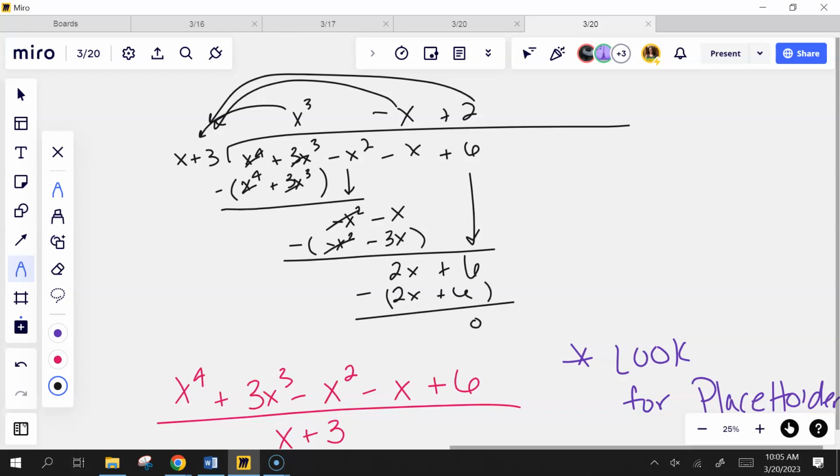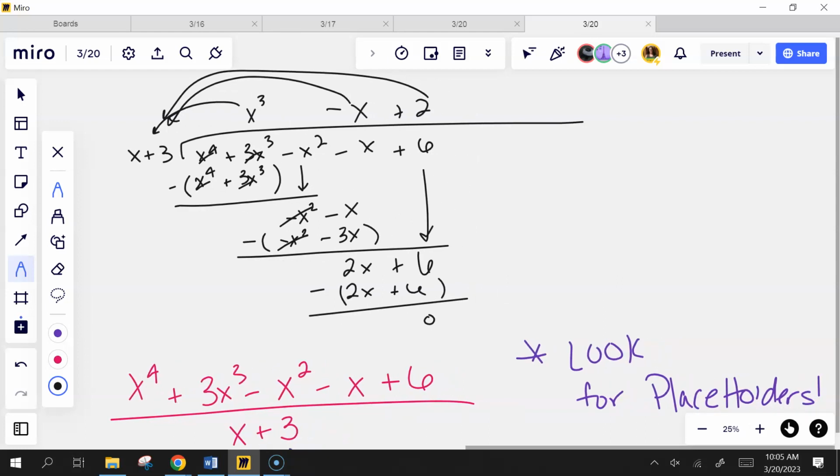Okay, so the answer to this, whenever I did long division, you see how long it took, and I think I went fairly fast through there, right? I wasn't slow. I feel like I went at a speed y'all would go for that one if you're working it on your paper, maybe a little bit faster. x cubed minus x plus 2, and I don't have a remainder here. But if I did, it would be, of course, over x plus 3 like that.